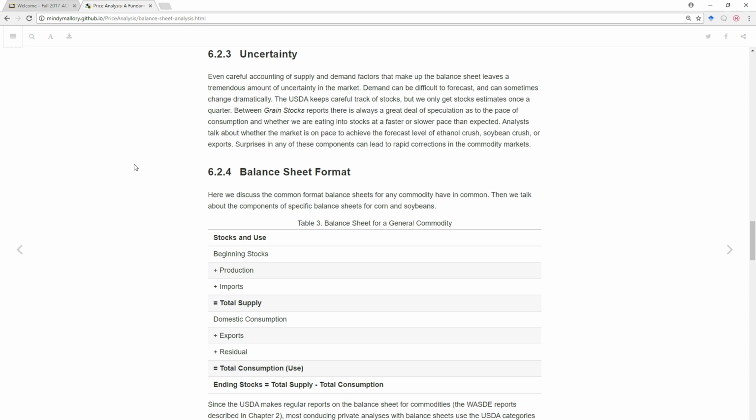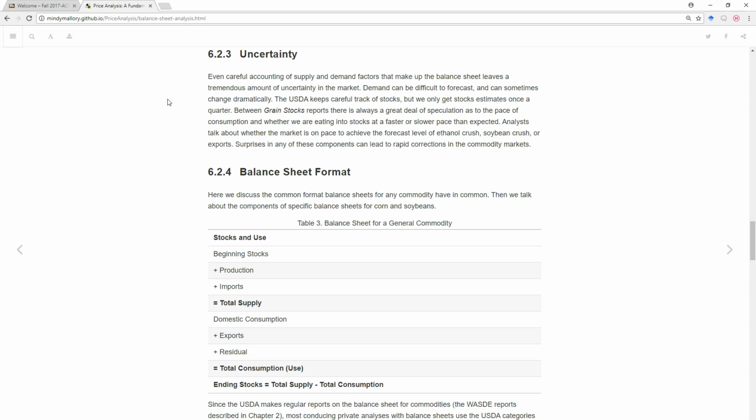Okay, so one caveat before we get to actually looking at what a balance sheet looks like, and that's the topic of uncertainty. So we're going to be approaching balance sheet analysis from the perspective of considering the USDA WASDE report balance sheets, and it's important to keep in mind that while these reports are an incredibly invaluable tool for commodity market analysts and traders and stakeholders and just about anyone involved in the commodity markets, they are definitely produced with a considerable amount of uncertainty.